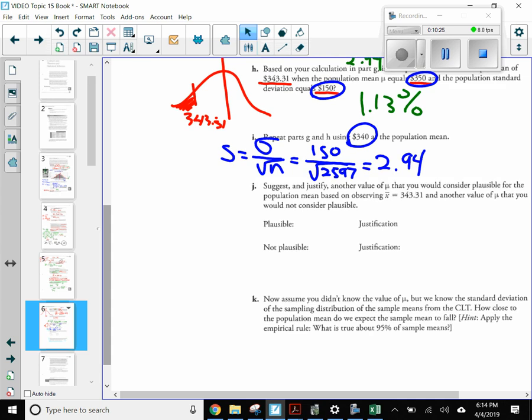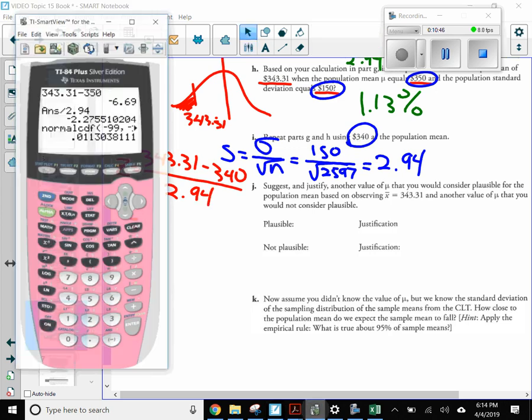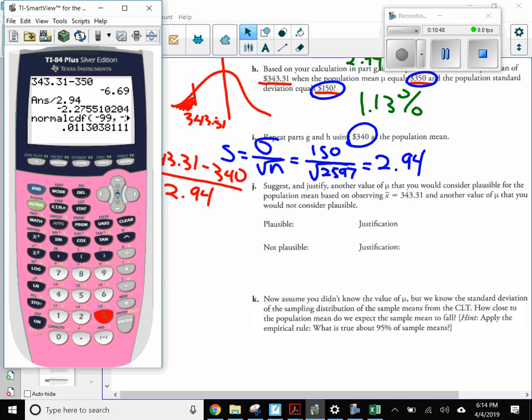So I'm going to have z equals 343.31 minus 340 divided by 2.94.